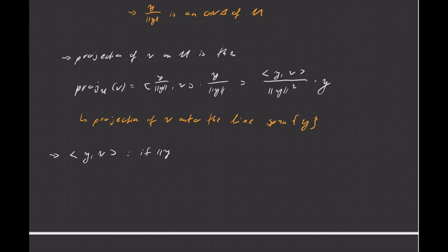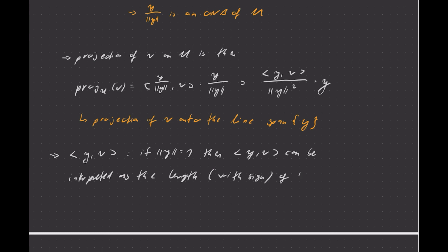If y is normalized, so if the norm is 1, then this scalar product of y and v can be interpreted as the length, or rather the signed length, of the projection of v onto the line spanned by y.